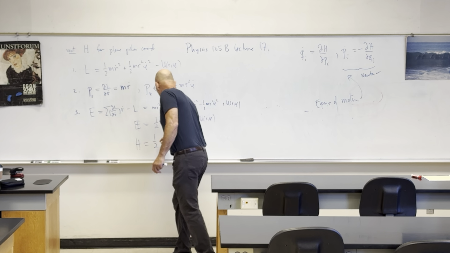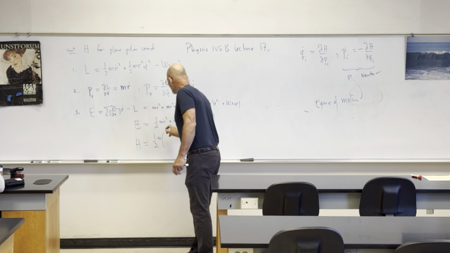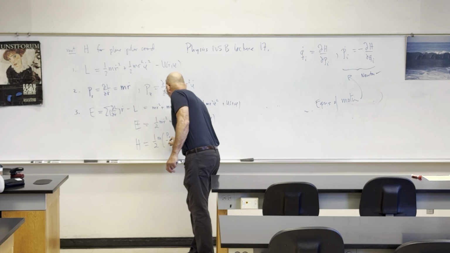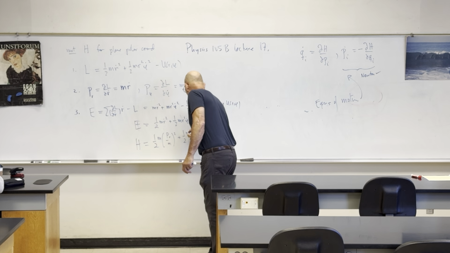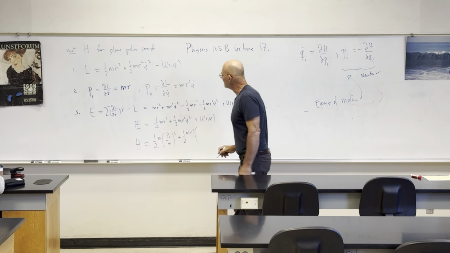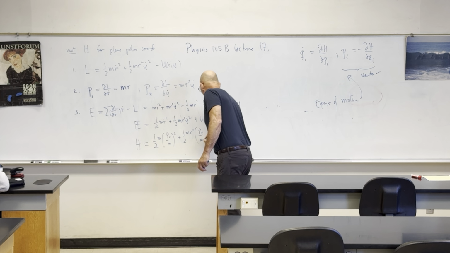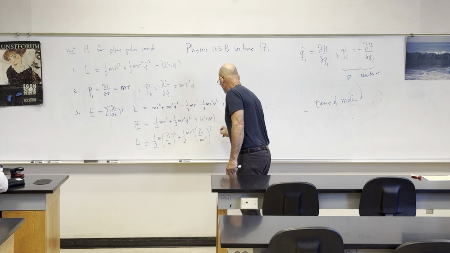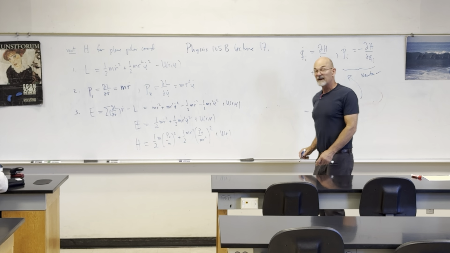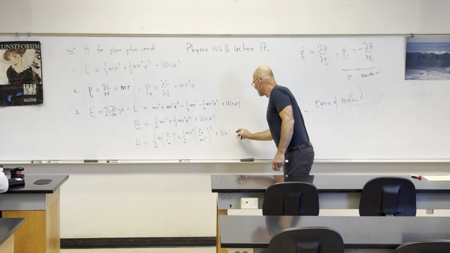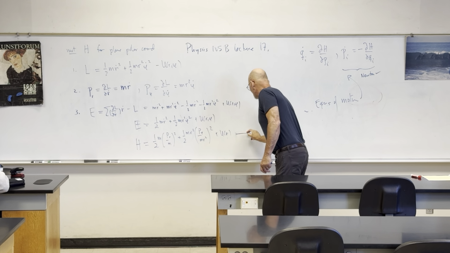I've got a half, I've got m, the r dot is p sub r over m, plus a half m r squared, and the phi dot is p sub phi over m r squared, square that. And that will give us, I'll write it this way.